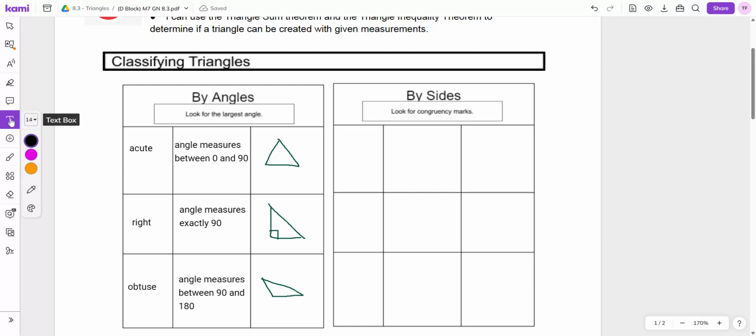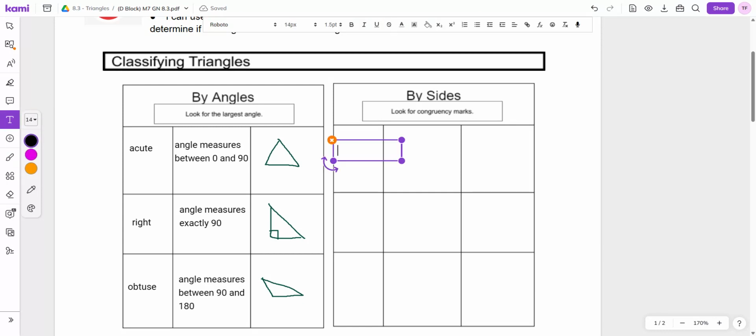And if you see that each side has congruency marks, but they're all different numbers of congruency marks, that means it's a scalene triangle. In other words, all sides have different lengths.